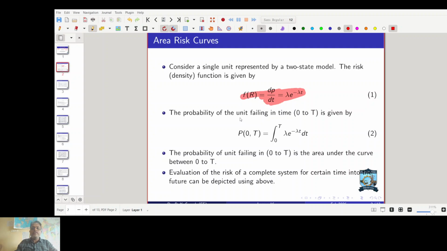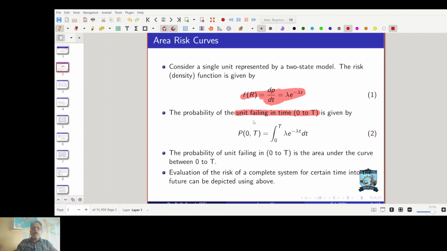The probability of a unit failing in time t. Why is it important, failing in time or the lead time t? Because it is during that time the generator has committed to provide the reserve, and if it fails it will fail to provide that reserve.